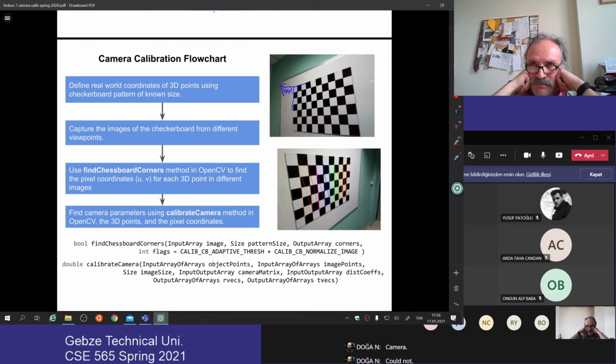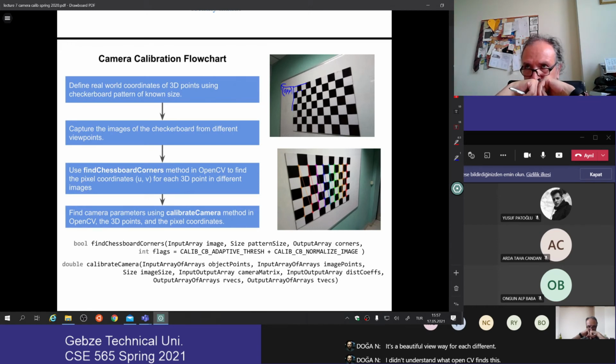Here it says chessboard code find pixel values of UV for each different layers. I didn't understand what OpenCV finds in this case. Only UV coordinates and then solve.